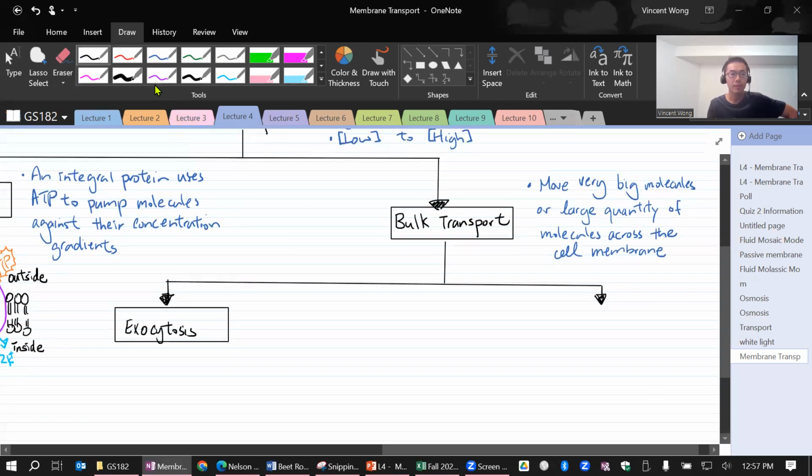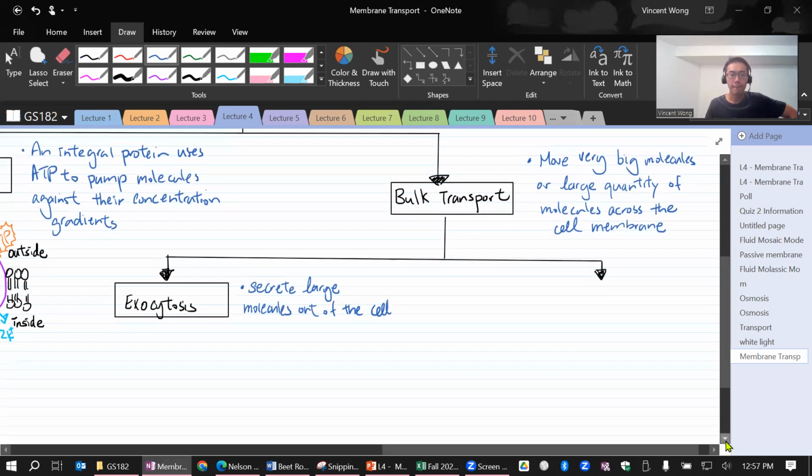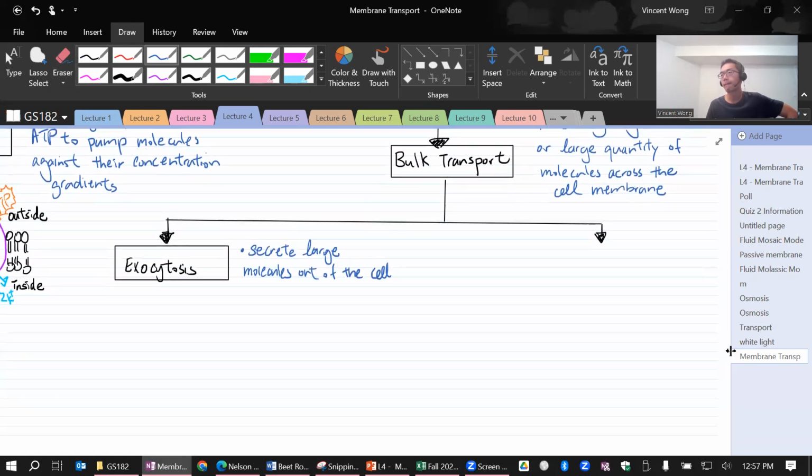Secrete large molecules out of the cell.